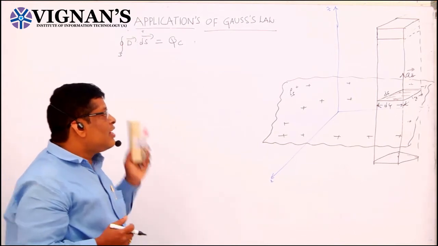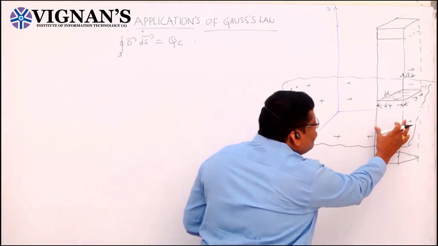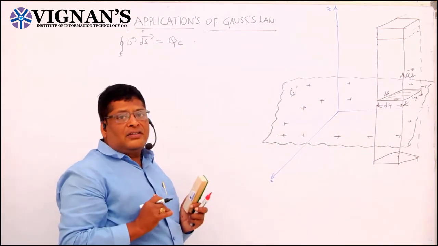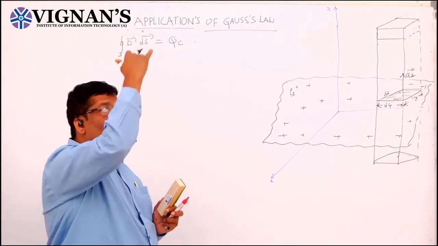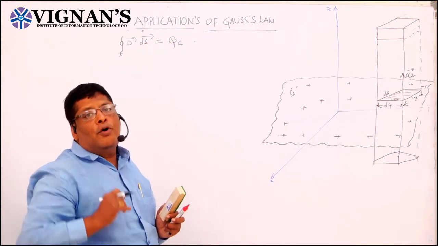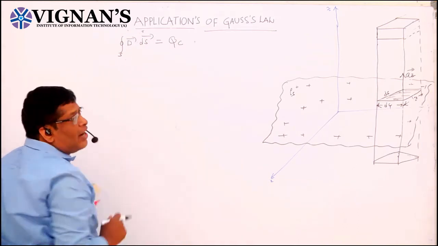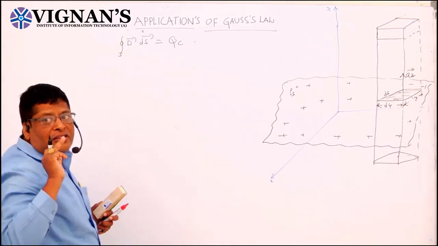In this case, the Gaussian surface has three sides: a lateral surface, a top surface, and a bottom surface. Now we write this integration as a sum of three integrations.